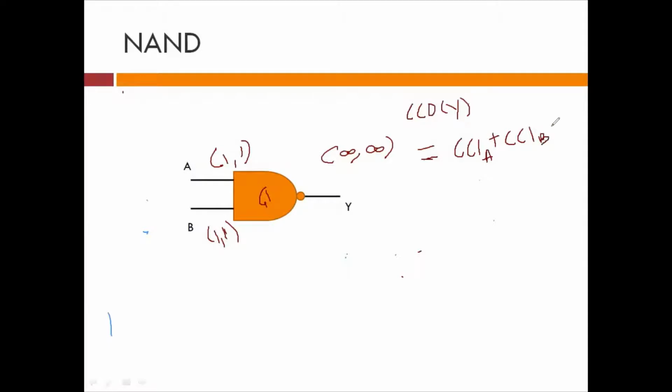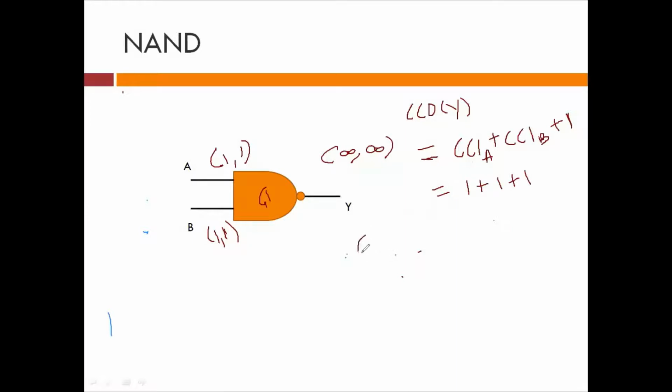And I have to increase the level by 1 because I'm moving from input towards output. So CC1 at A is 1 plus 1 plus 1.